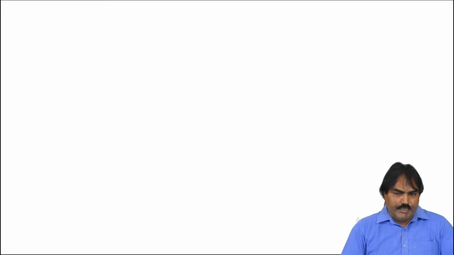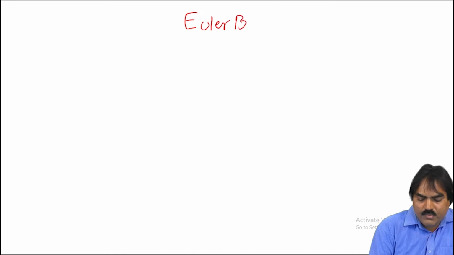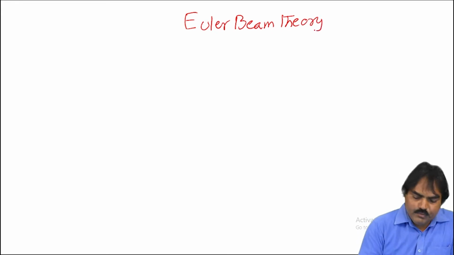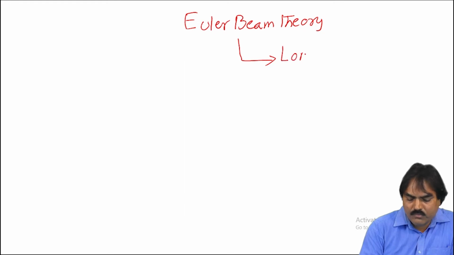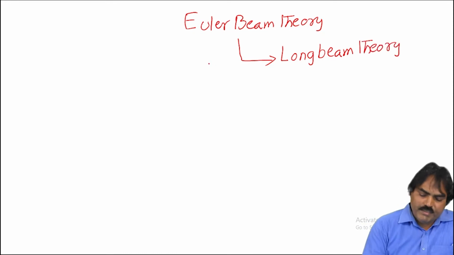So the Euler beam theory is classified into one, long beam theory. The other one is short beam theory.